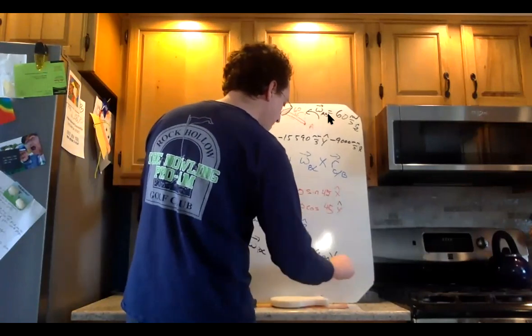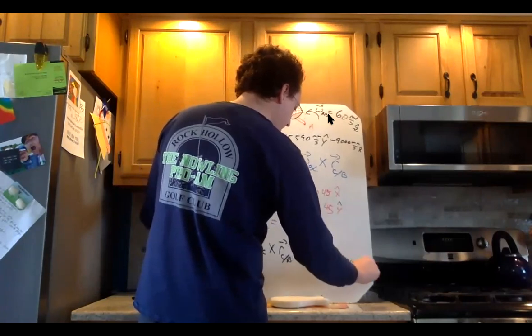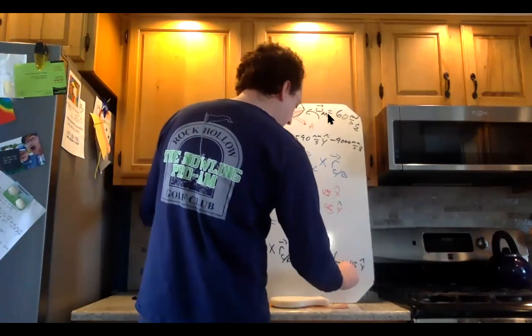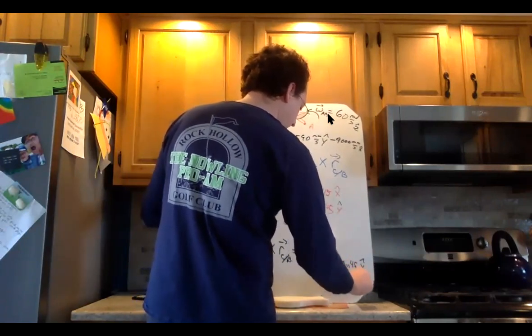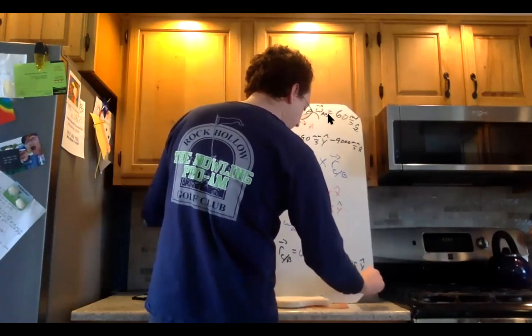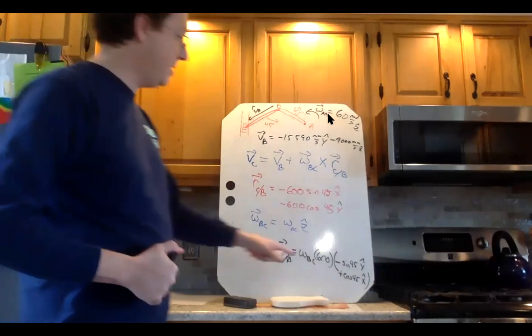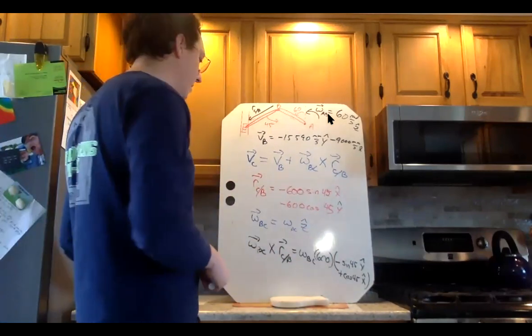So minus sine 45 y hat. And then I'm going to get positive, it should be cosine 45 x hat. And I know sine 45 equals cosine 45, but you can kind of see where it's coming from when you work out the cross product.